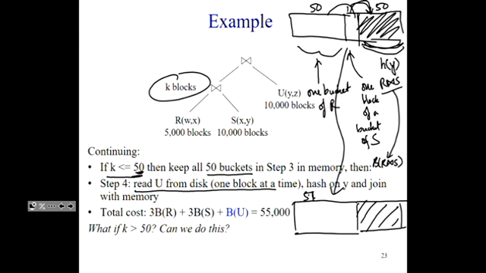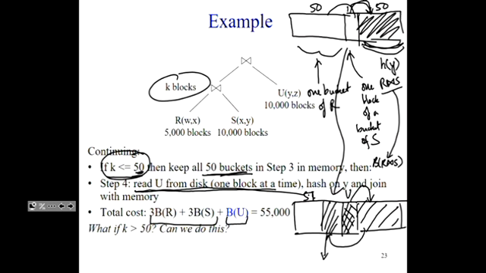Essentially you're not writing out R join with S. You're skipping that step. So the cost here is basically the cost of the first step, the two-pass partition hash join, and the cost of reading in the blocks of U. That's it. There's no other cost.